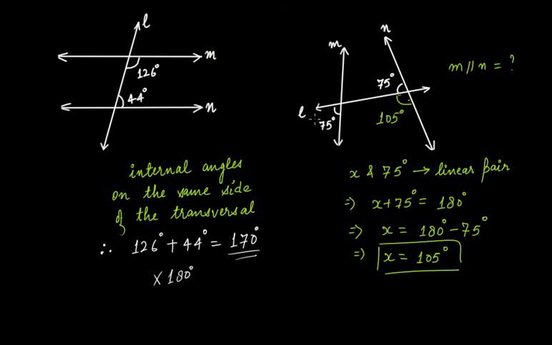Now this angle, that is 75 degrees, maybe in some different color. This 75 degrees and this angle are what? They are a pair of corresponding angles.